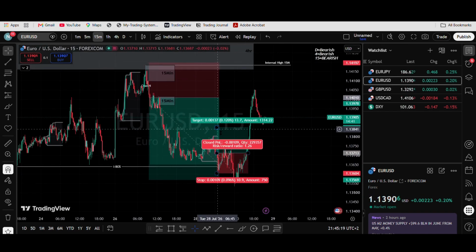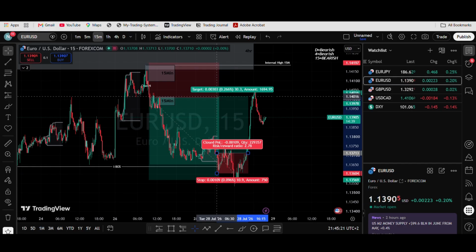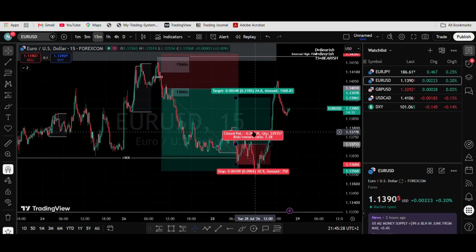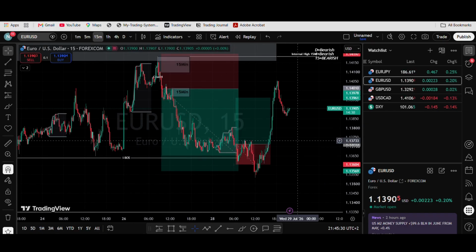I would have entered on that. So what is the major difference between these two trades, like this one and this one?